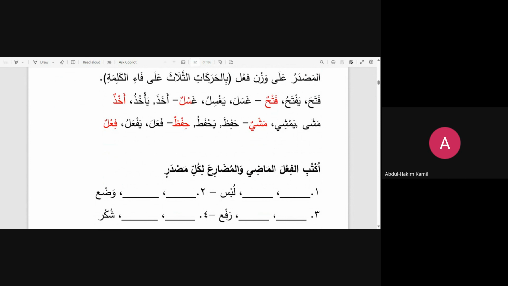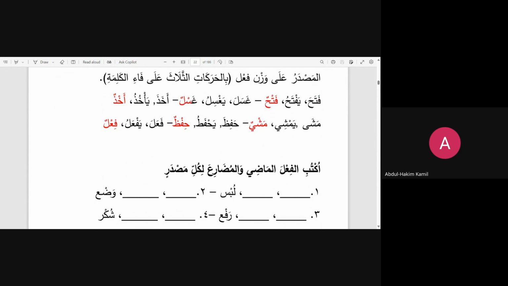Dakhala yadkhulu dukhul. Kharaja yakhruju khuruj. We did those on fu'ul. Now we're on another scale. Fataha yaftahu fathun. Ghasala yaghsilu ghaslan. Akhadha ya'khudhu akhdhan. Masha yamshi mashyan. Hafiza yahfazu hifzan. Fa'ala yaf'alu fi'lan. That's the masdar. You with us, Noor? Okay.